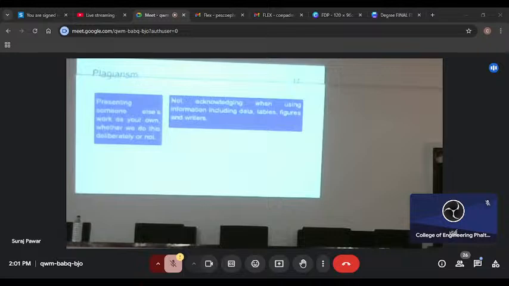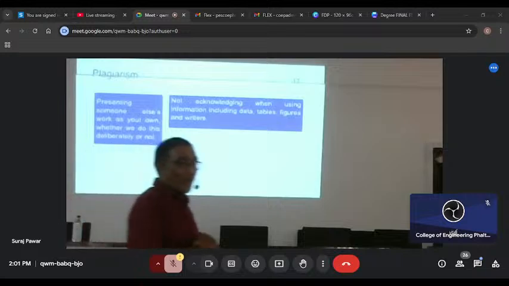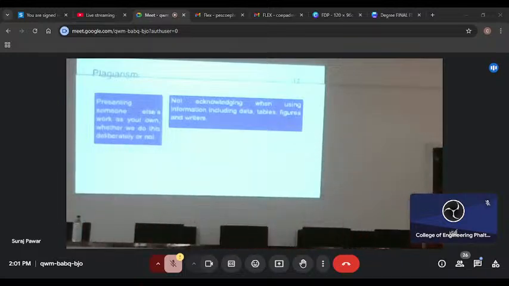Not acknowledging when using information, including data, tables, figures, and the writers. Now, I have taken permission to use a graph from another paper. Otherwise, it will be considered plagiarized. If I took it without permission, then it becomes plagiarized.